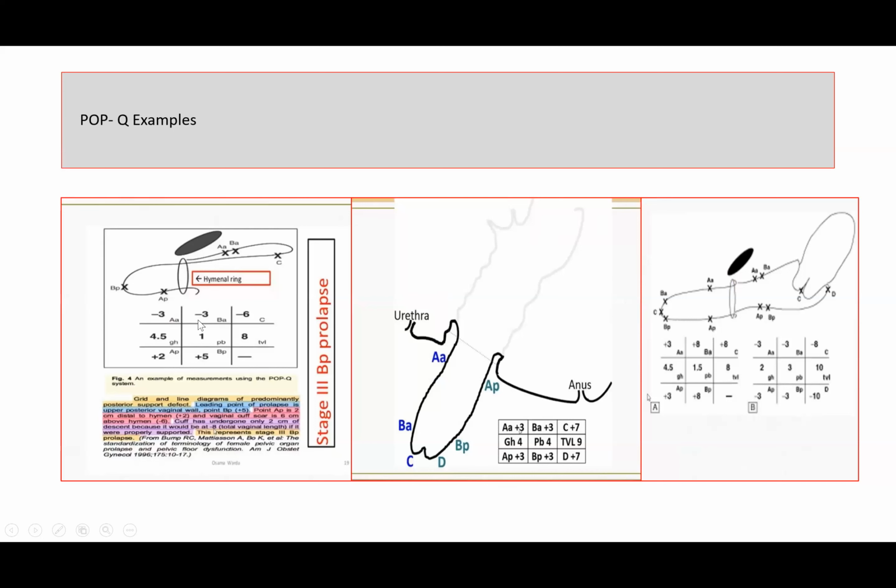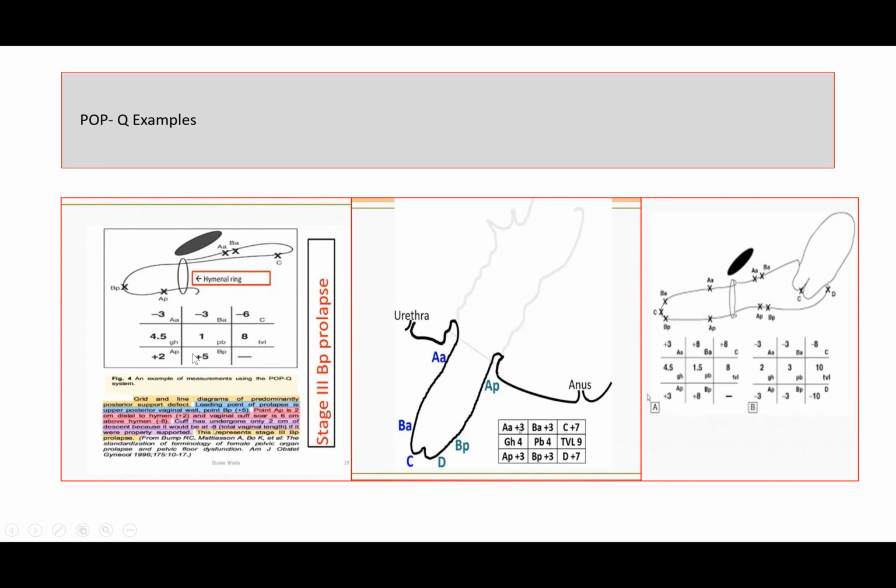So it means that there is no prolapse. So at a glance, just try to observe whether there is prolapse or not. And if there is prolapse, whether it is in the anterior vaginal wall or in the posterior vaginal wall. Like here, there is no prolapse in the anterior vaginal wall because now we know the normal values. But here there is prolapse in the posterior vaginal wall.